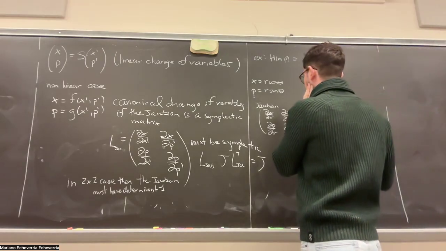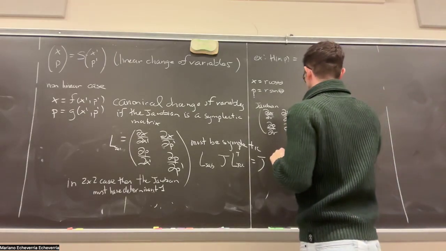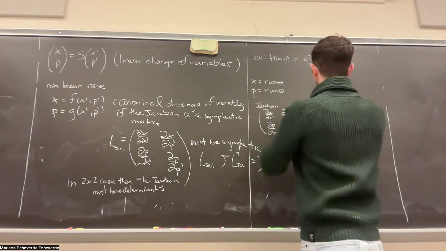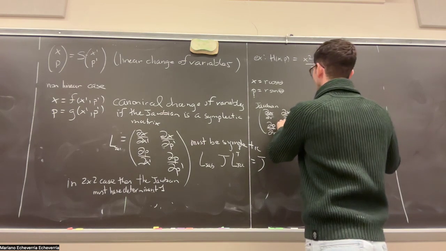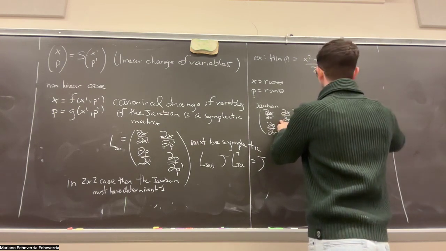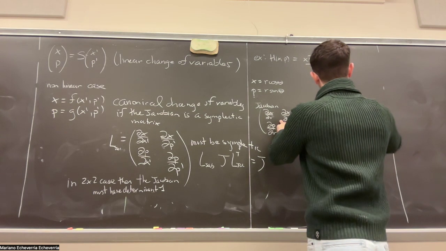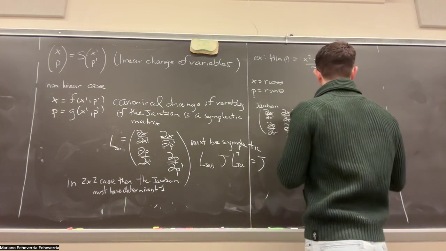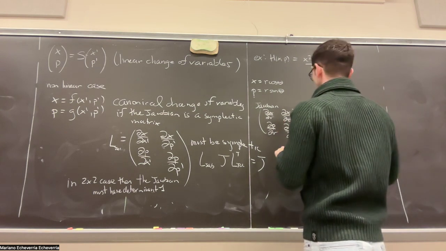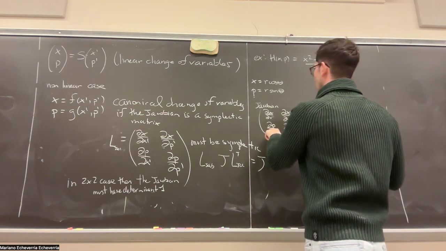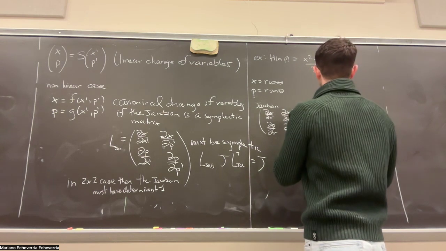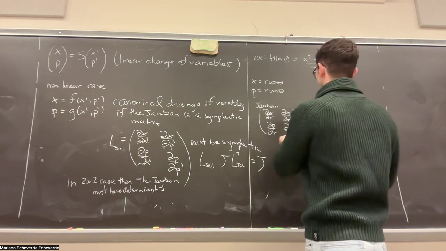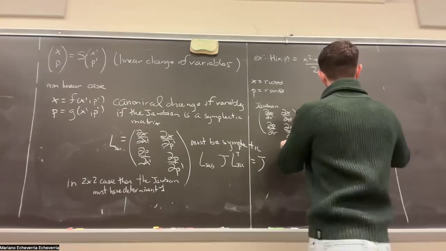This gives you cosine of theta, then minus r sine of theta, and then sine of theta, and then r cosine of theta.